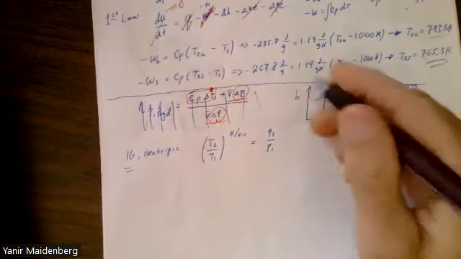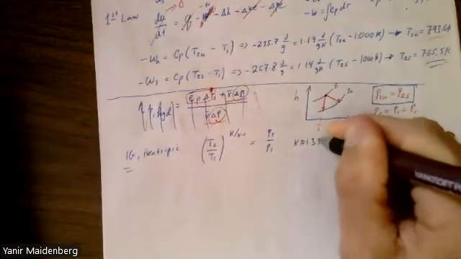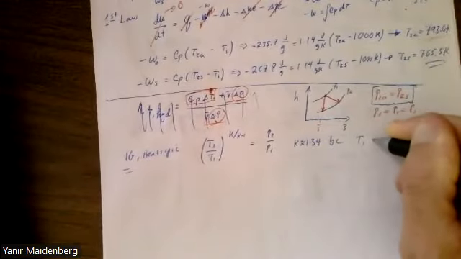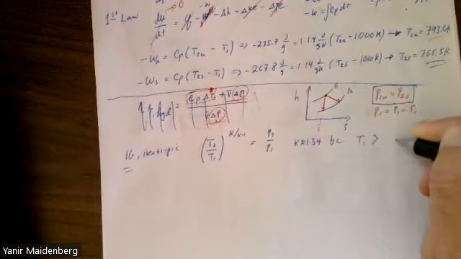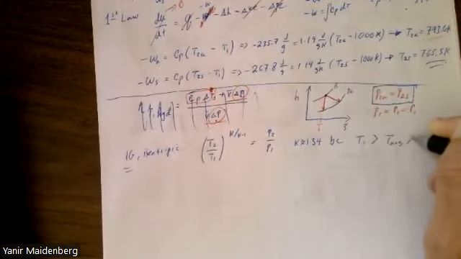So I'm going to make an assumption. I'm going to say K is about 1.34, because our T1 is 1,000 and the average temperature is about T2.